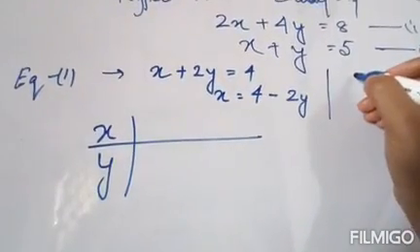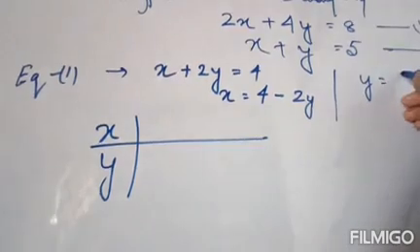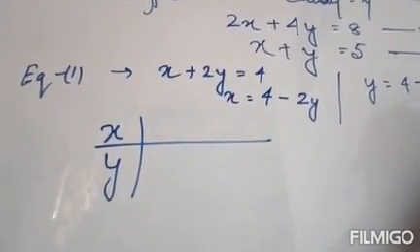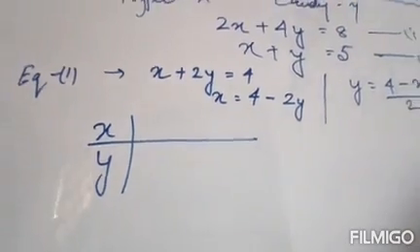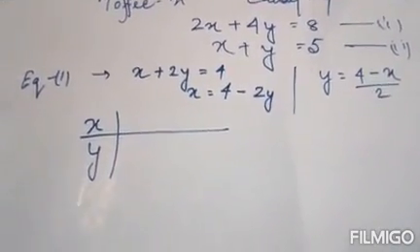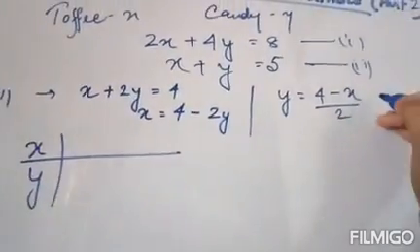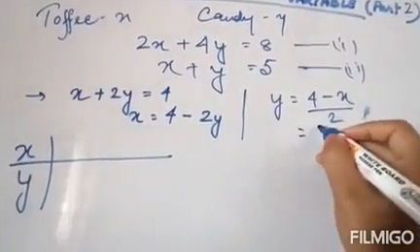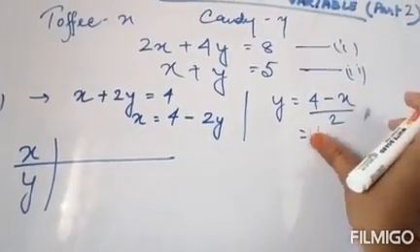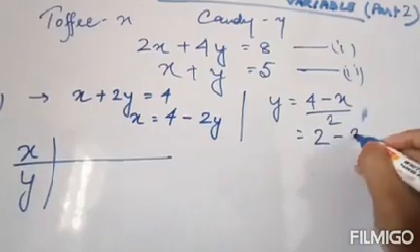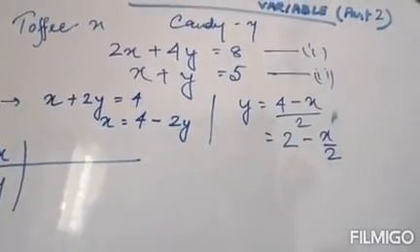Then y will be (4 minus x) by 2, which is 2 minus x by 2, correct?